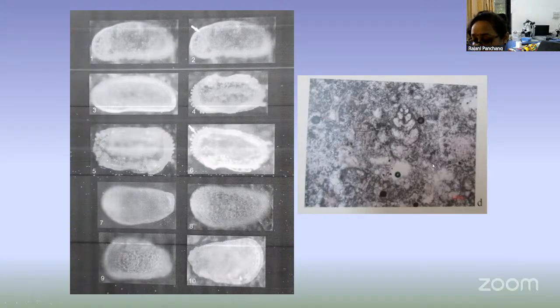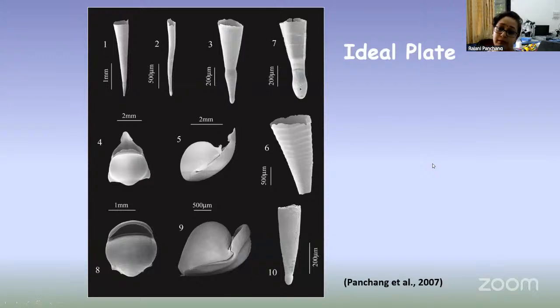Same here. On the basis of this scale, I can understand the size. If this is 500 microns, I will know what this size is. It has to be clean and uniformly numbered to be easy to understand.